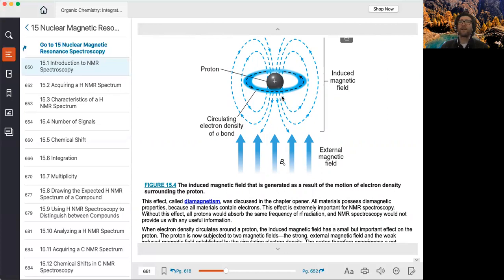It essentially means that if you didn't have diamagnetism, all protons would absorb the same frequency of radio frequency radiation, and this wouldn't work.